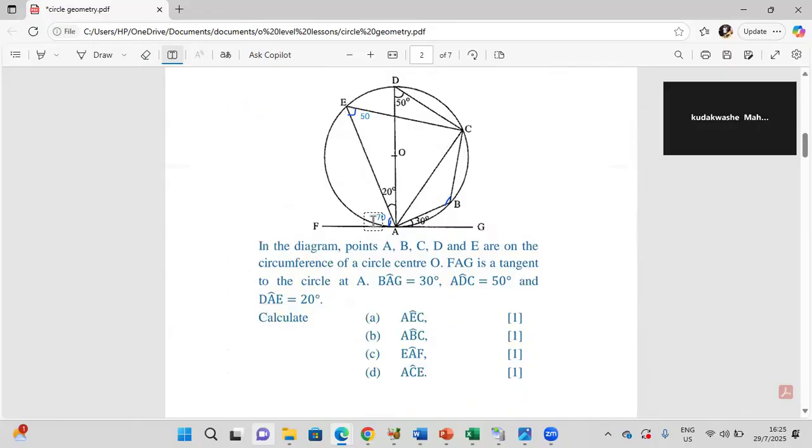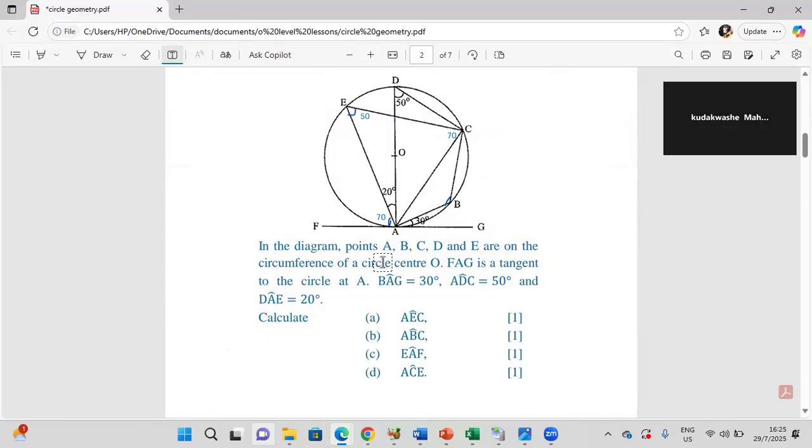So 70 is equal to the angle inside, but at that corner. So that's 70.